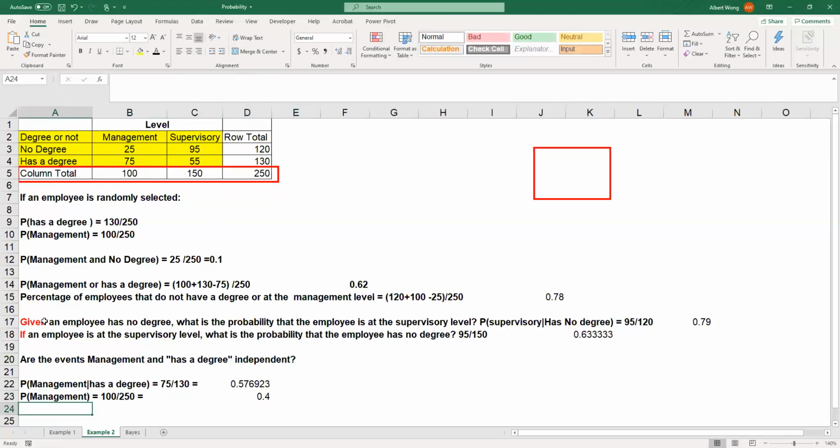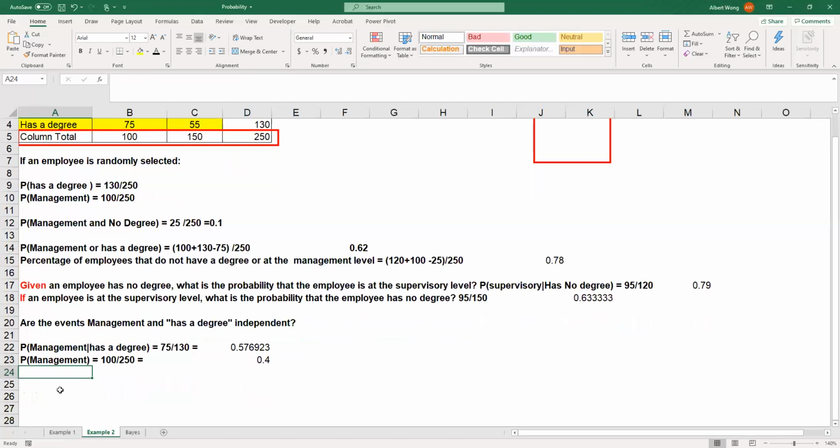So the question is, are they independent? That means, are these two probabilities the same? If they're the same, they're independent. If they're not the same, they're not independent. So these two numbers are not the same, therefore these two events are not independent.